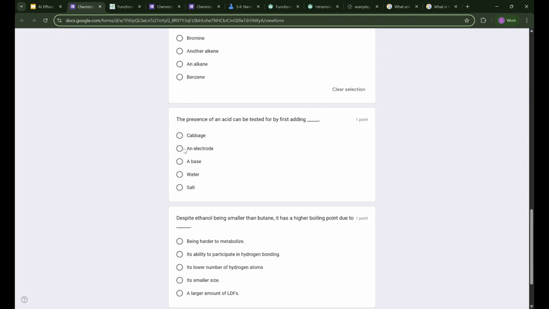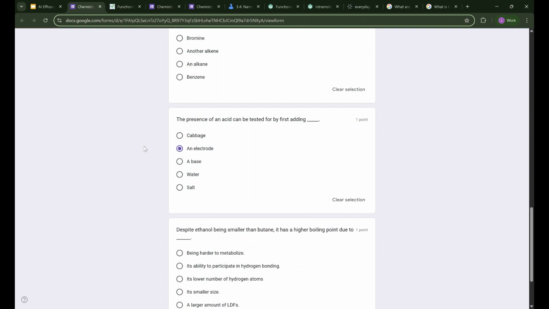I think maybe an electrode, but I'm thinking that it's not going to create a current. Yeah, this one's actually also kind of hard. A base would just neutralize it, a water would dilute it. Cabbage, I mean, you technically could. Yeah, let's go with cabbage on it. It'll be funny.